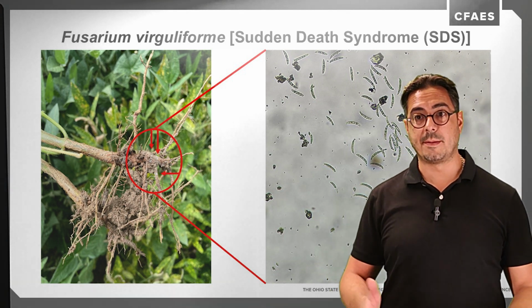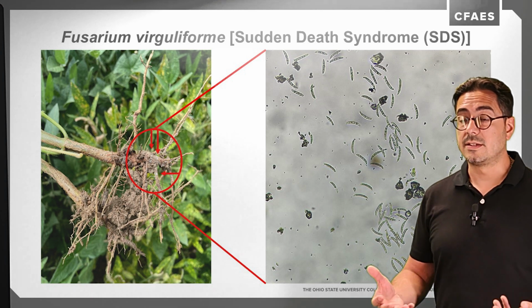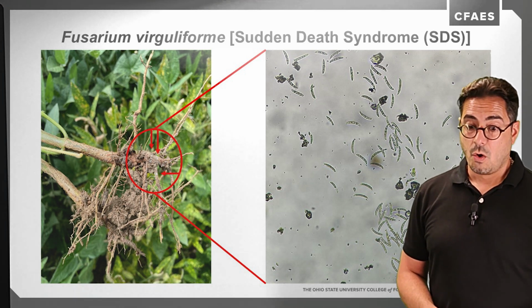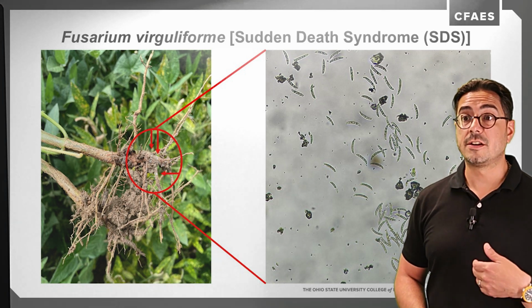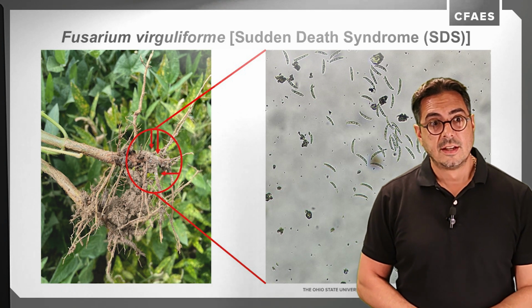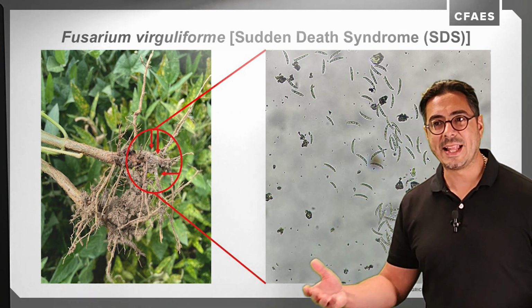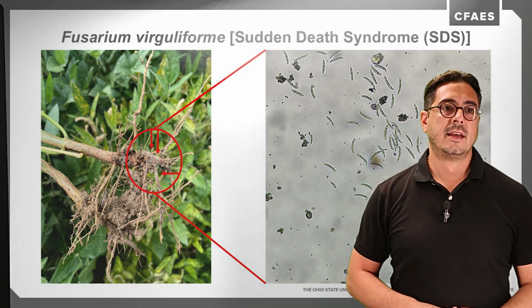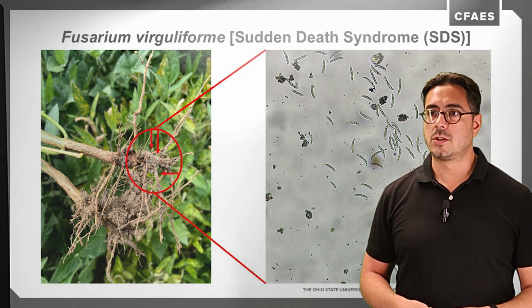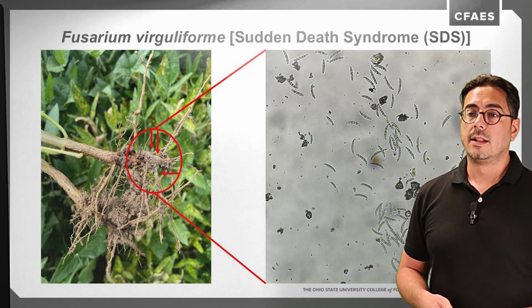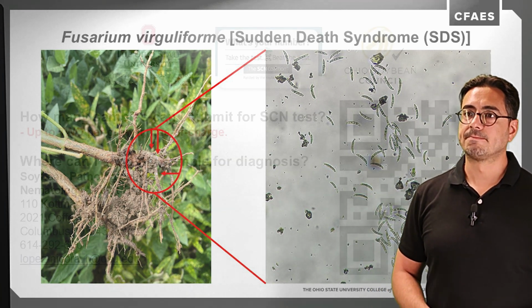And the answer is absolutely yes. We can see this. Warmer soil conditions favor more red crown rot. Cooler soil conditions at planting favor more SDS. So let's keep that in mind when we are looking at a problem in our field.